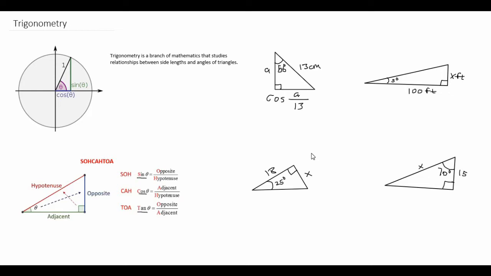So another way to do this would be to rearrange this in order to find the value of A. So that would be 13 multiplied by cosine 56, and that will give you the value of A. So the value of A would be 7.26, but let's round that to the tenth place.